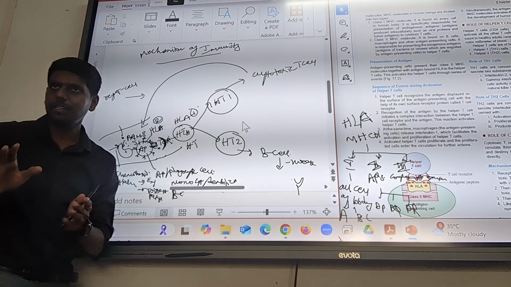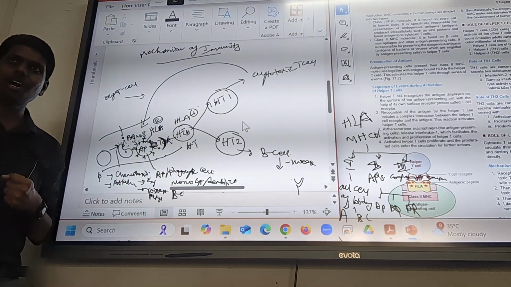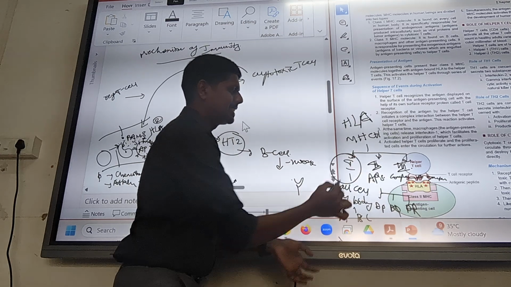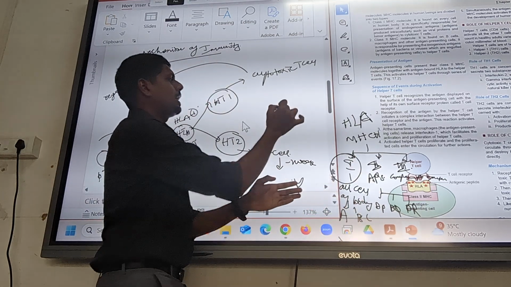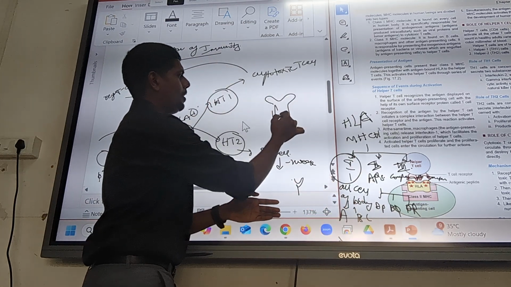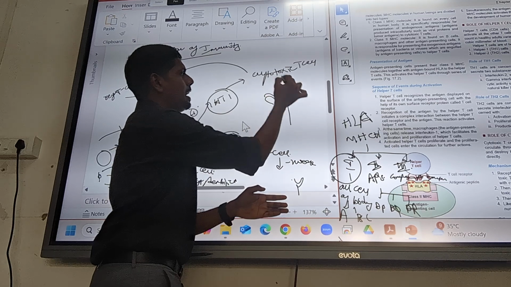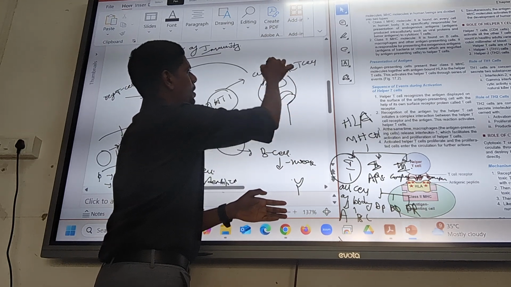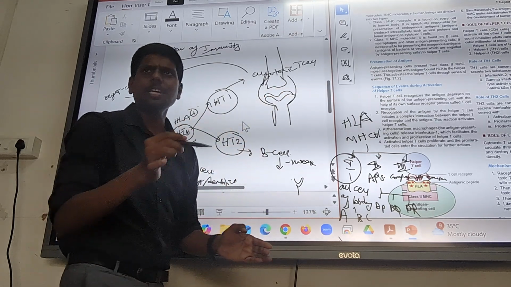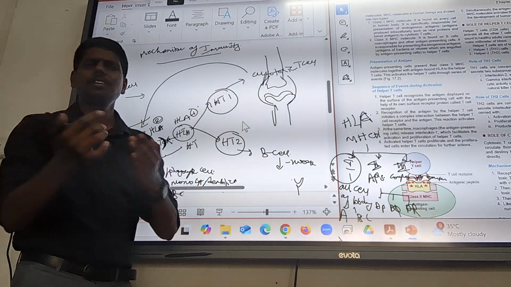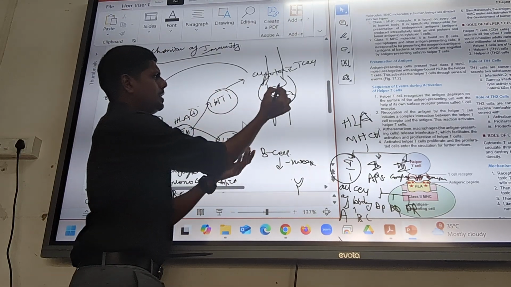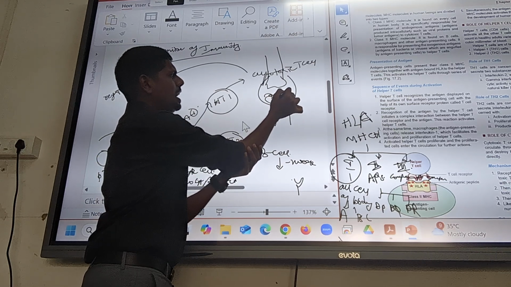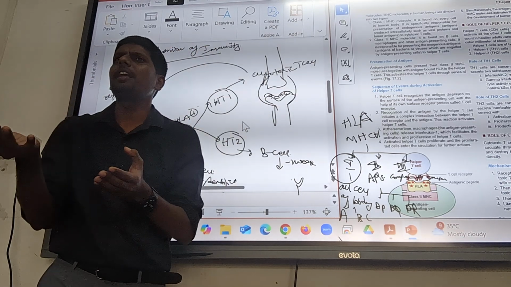Okay, now listen. Sometimes some of our normal cells, say for example, this is a bone marrow, this is a bone, this is hyaline cartilage, this is a synovial joint and this is one more bone. Sometimes due to wear and tear, some of the cells in the hyaline cartilage will lose their DNA, they will damage their DNA.